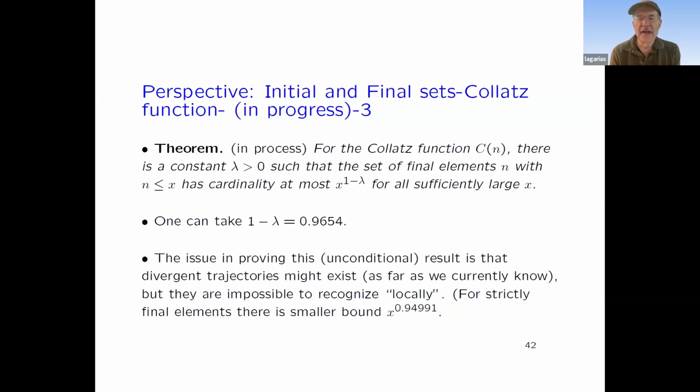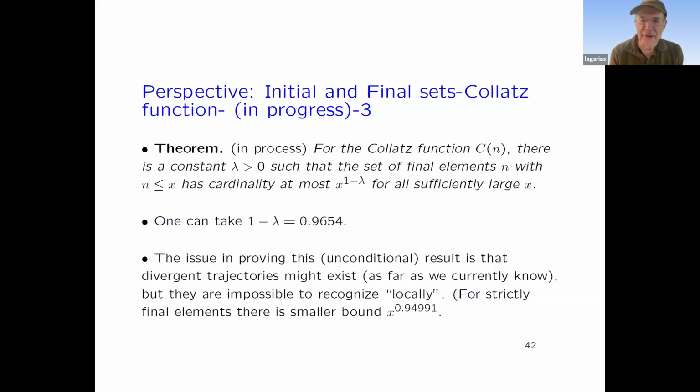And in this theorem, the value you get for 1 minus lambda is about 0.9654, which is related to those extreme trajectories of length 41.677 times log n. The rate equations you solve give the same constant.